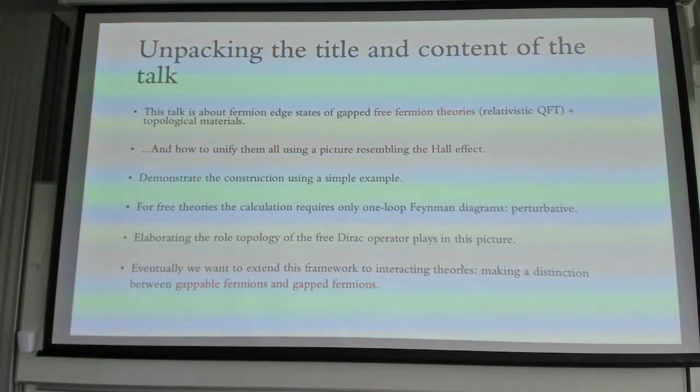And I will demonstrate how this works in one particular example. And again, since I'm just addressing free fermion theories, I should mention that for free fermion theories, this entire picture actually relies on calculating one-loop Feynman diagrams.